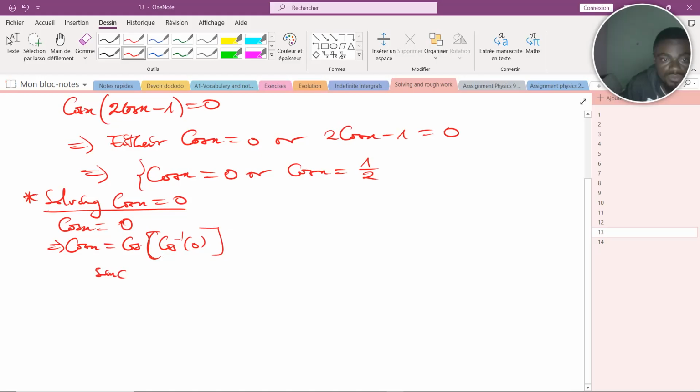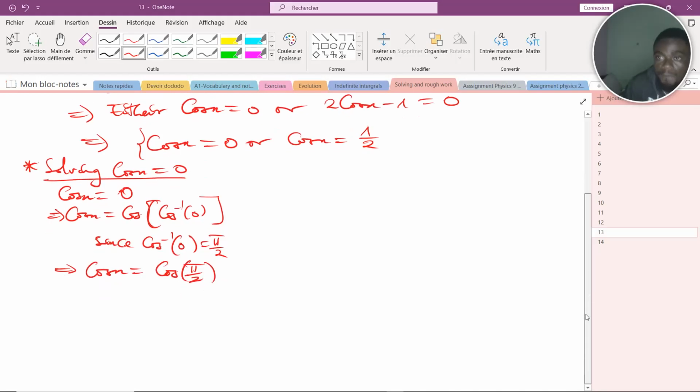Since cos inverse of 0 equals to pi on 2, it implies cos x must be equals to what? Cos of pi on 2. Is that okay? Perfect. Now, we simply need to apply our general solution of cos.